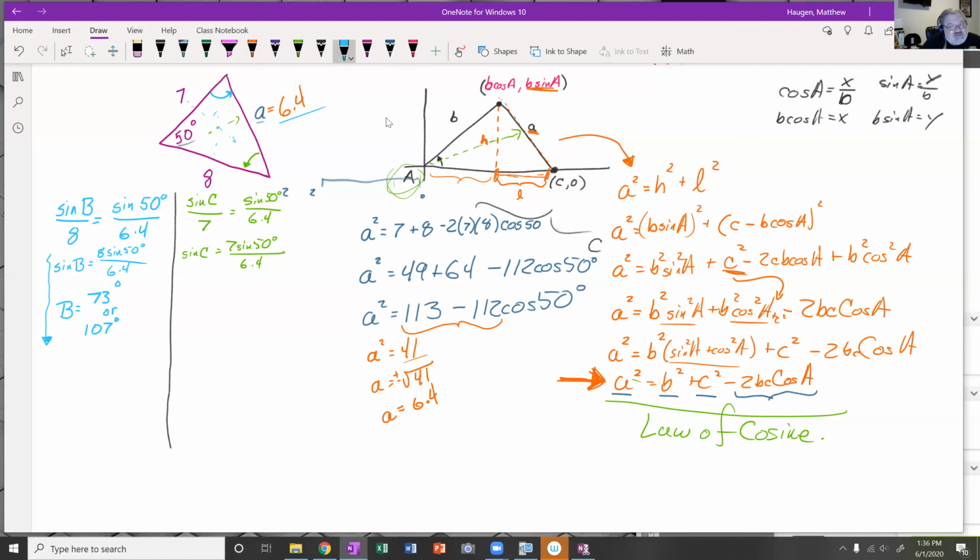Now, because this is a side angle side triangle situation, we don't have an ambiguous case. So it's not both. It doesn't break us into two answers or two triangles. One of those numbers works for the triangle we're given, and the other one doesn't. We just don't know which is which.